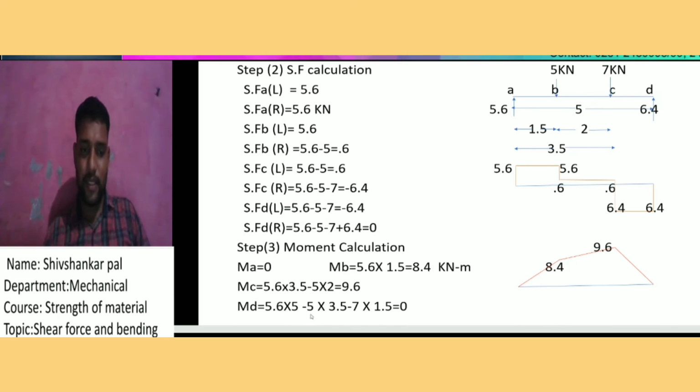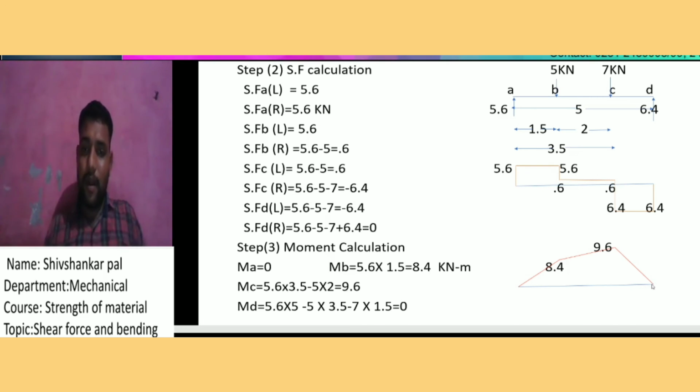When I solve this equation, I obtain the moment about point D equal to 0. So take a scale and draw from 9.6 directly to join the last end of the beam.